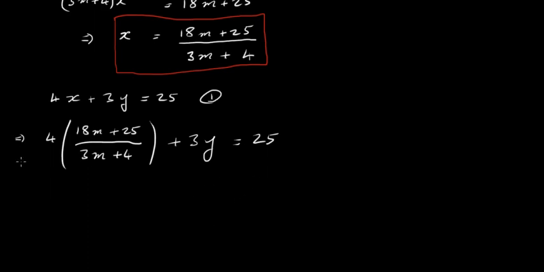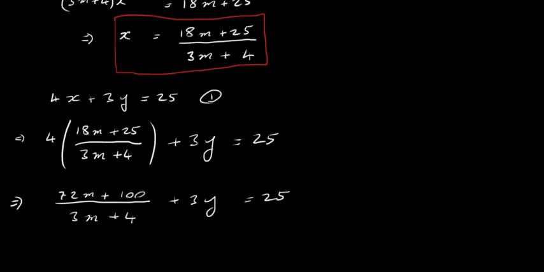So let's just multiply all this out. 4 18s gives me 72m plus 4 25s, that's 100. The bottom remains the same, 3m plus 4, plus 3y, and that's equal to 25.